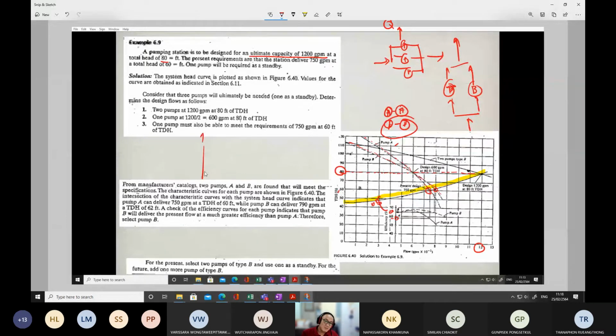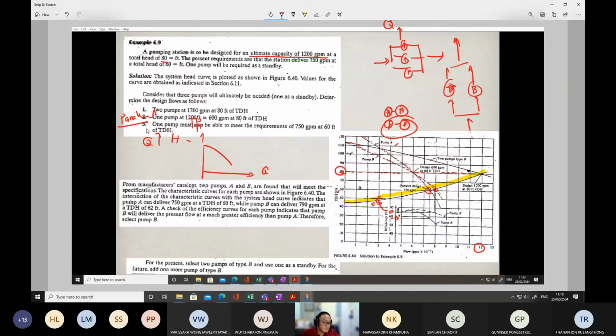If you connect two pumps in parallel, the flow will be double, but the head remains the same. If our curve is like this, this axis is the flow rate and this one is the TDH. So flow is double, but head remains the same.